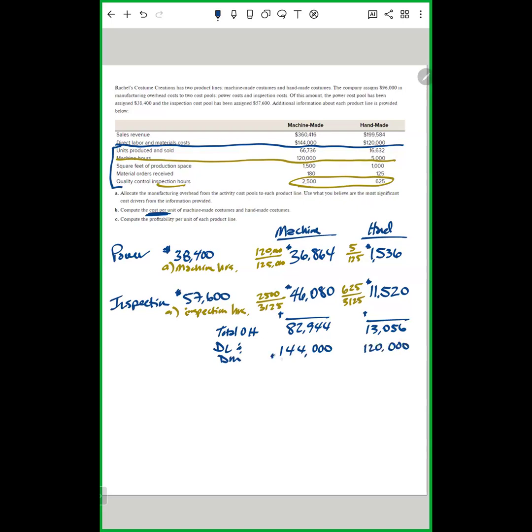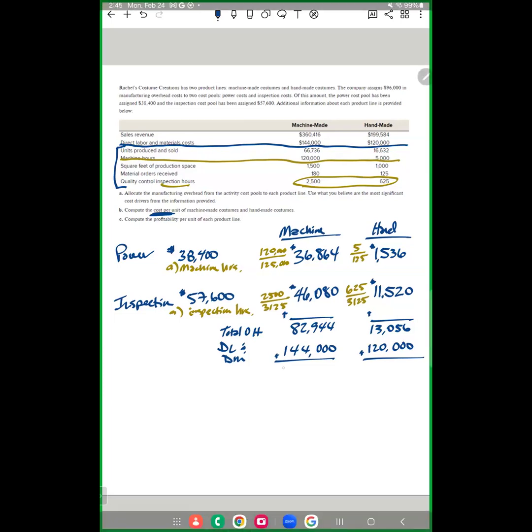And if we add these up, then we will have total cost. So 82,944 plus the 144 gets me 226,944. And then the 13,056 plus 120 equals 133,056. All right, so this is total cost.